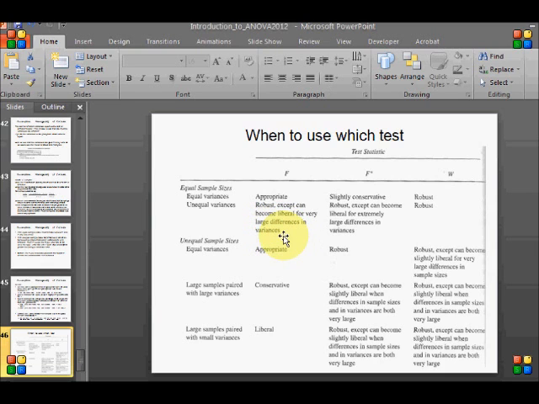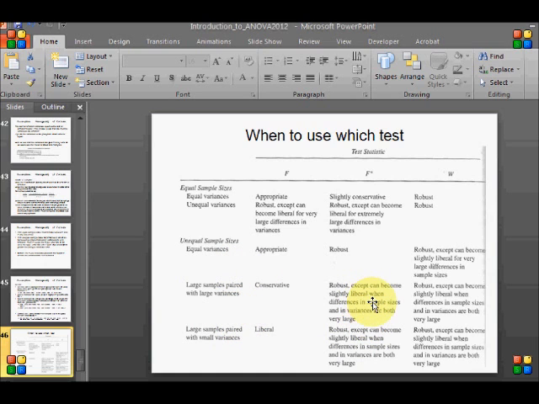Just affects the probabilities. Now, the Brown-Forsyth is slightly conservative under kind of normal circumstances, but it can become slightly liberal when differences in sample sizes and variances are both very large, in either one of these cases.